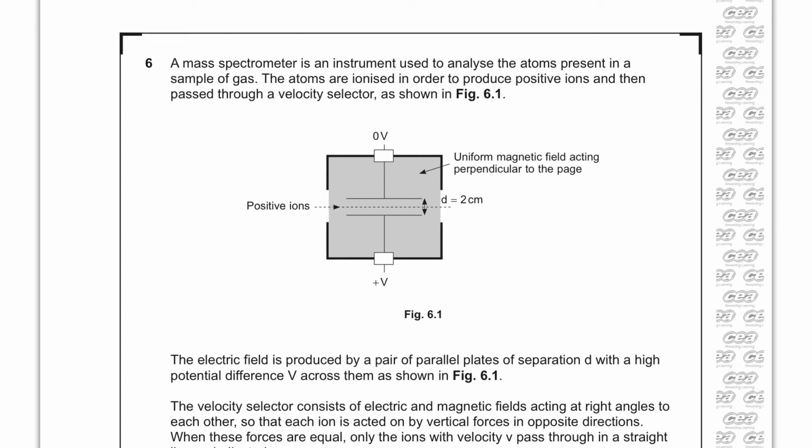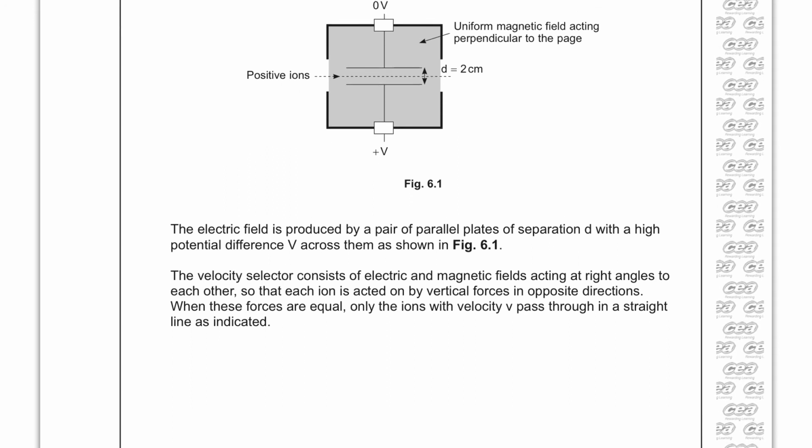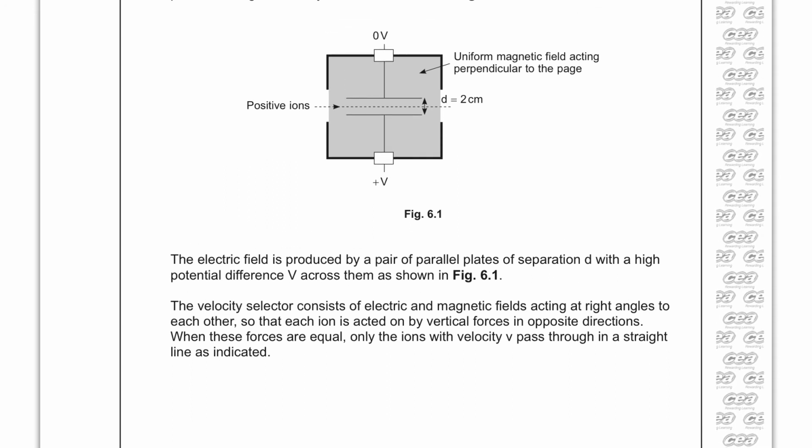It says the electric field is produced by a pair of parallel plates of separation D with a high potential difference V across them, as shown in 6.1. The velocity selector consists of electric and magnetic fields acting at right angles to each other, so that each ion is acted on by vertical forces in opposite directions.